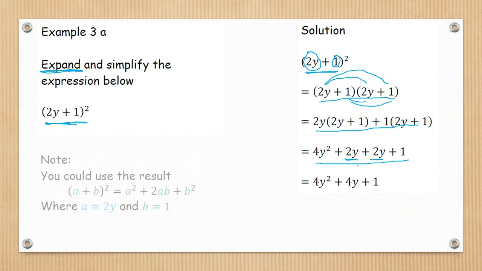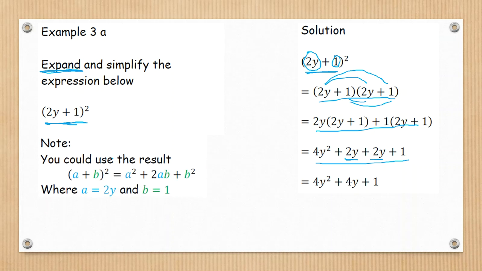We actually want you to get to the point where you can use this result here. So (a + b) squared: square the first part, double the product of both, and square the last part. You can see that I've used colours here to explain it.